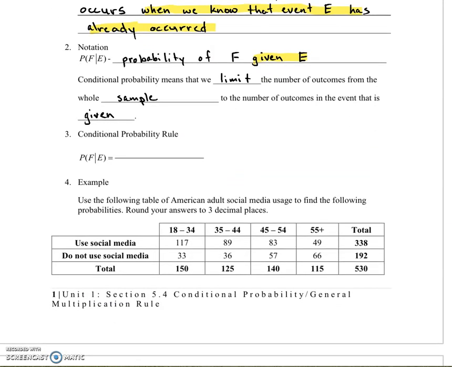So the conditional probability rule says the probability of F given E is the probability of F and E divided by the probability of E.